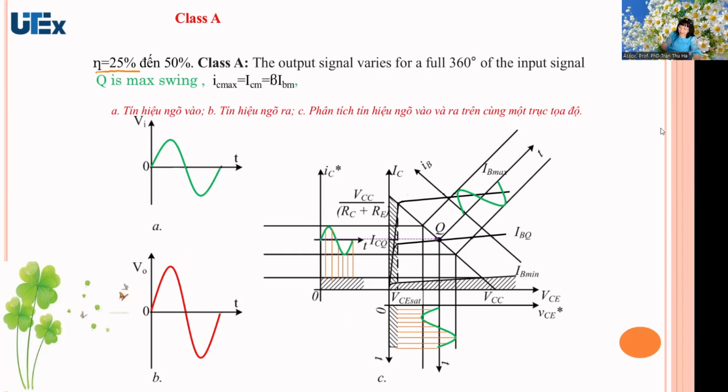And in our case, you can see the Q point here, in the middle of the DC or the AC load line, right? And you can see, if you remember, determine the output waveform.